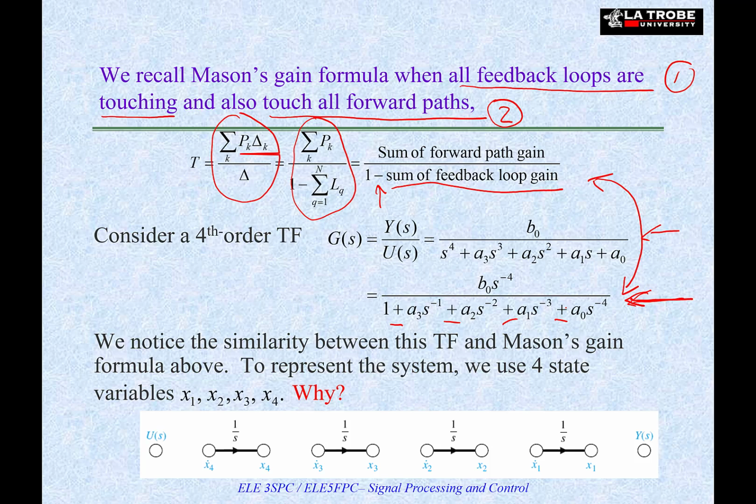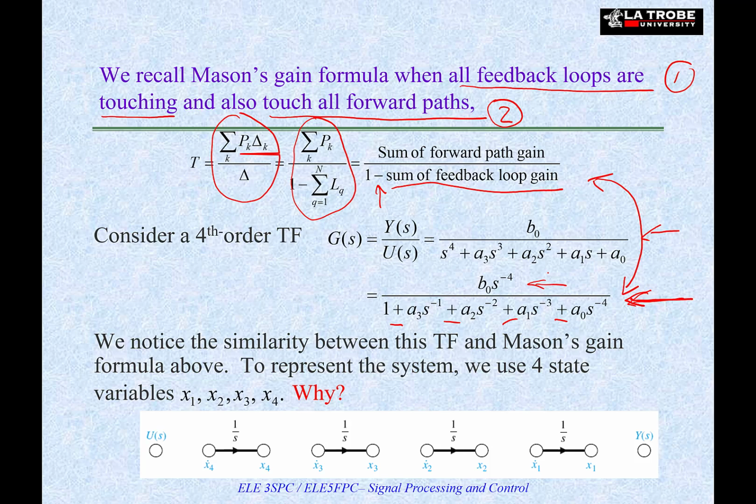Numerator in the simplified version of Mason's gain formula basically says sum of forward path gains, and that is shown by the term here. And this term means we only have one forward path because it is a single term.